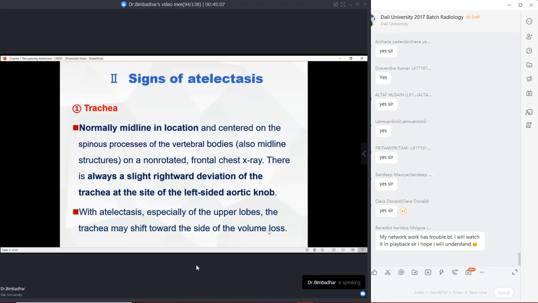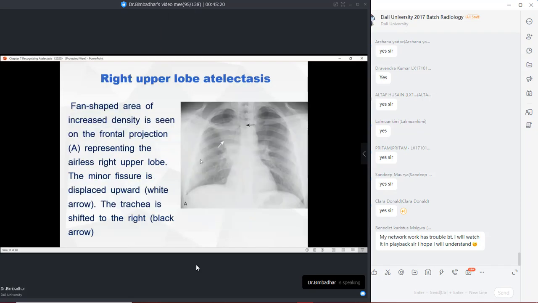Now let us say there is an atelectasis of the upper lobes, which will pull the trachea completely. How many segmental bronchi are present in the upper lobe? People, how many segments are present in the right upper lobe?